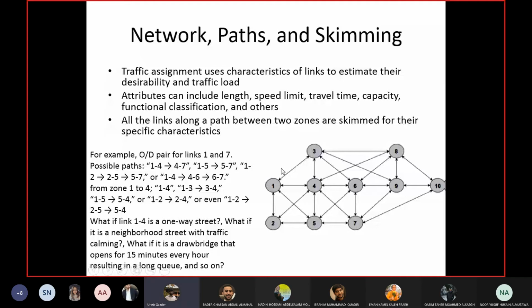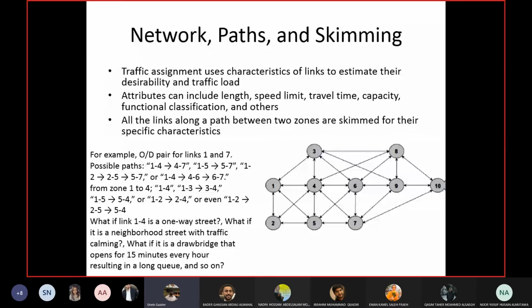Now between each two zones, you may have a number of possible series of links.